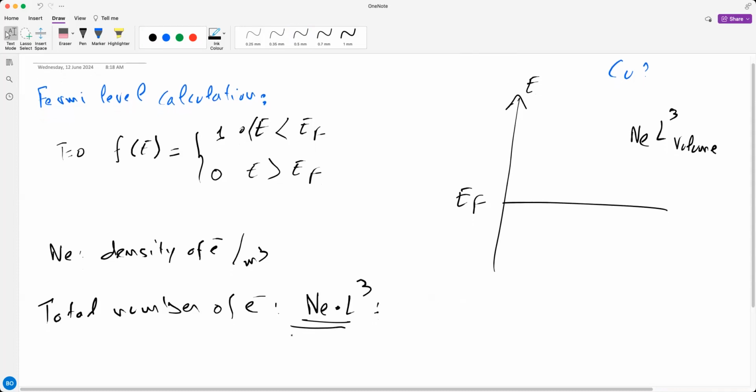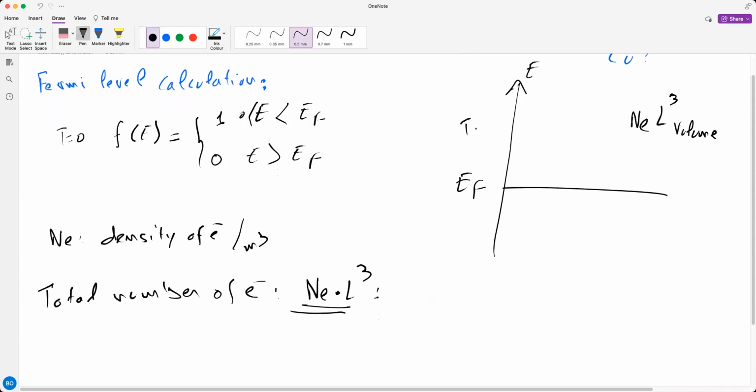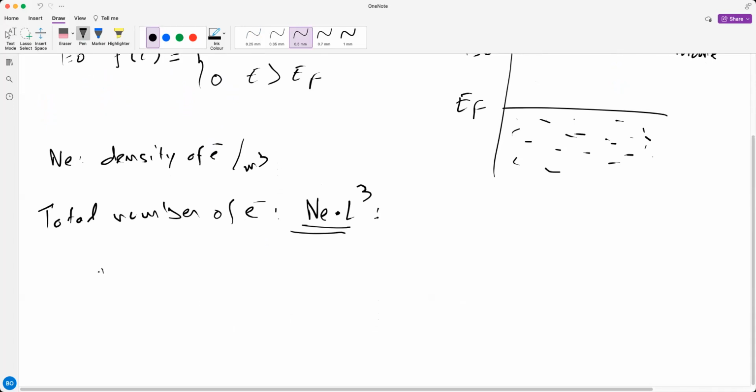Now, we have seen that at t equals 0, all electrons are here. Well, this means that the integral from 0 to EF of the density of states, dE, must be equal to Ne L cubed.